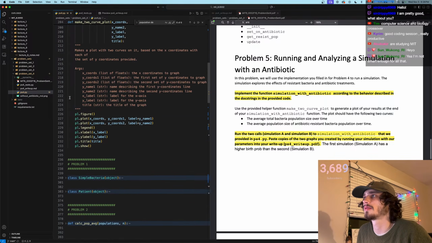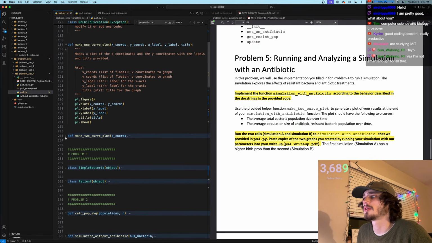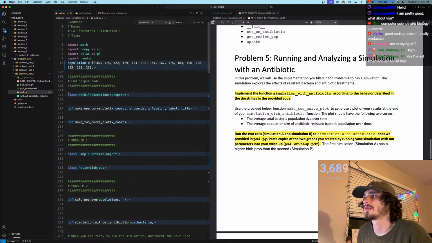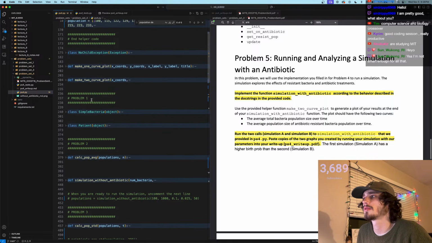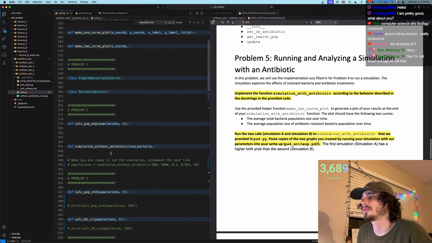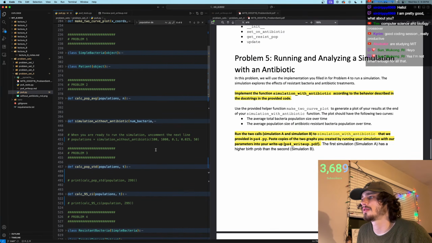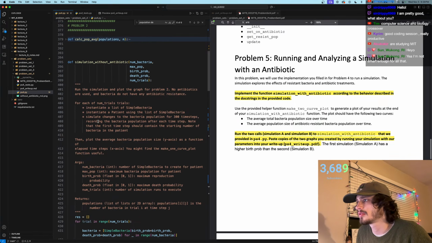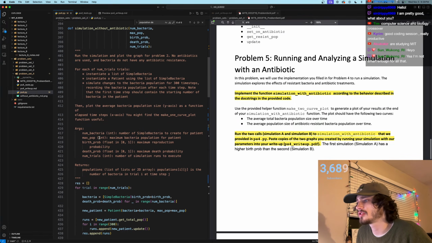Bacteria. Make two plots. Make one plot. Okay, so I think we run the simulation. So this goes simulate changes in the bacteria.